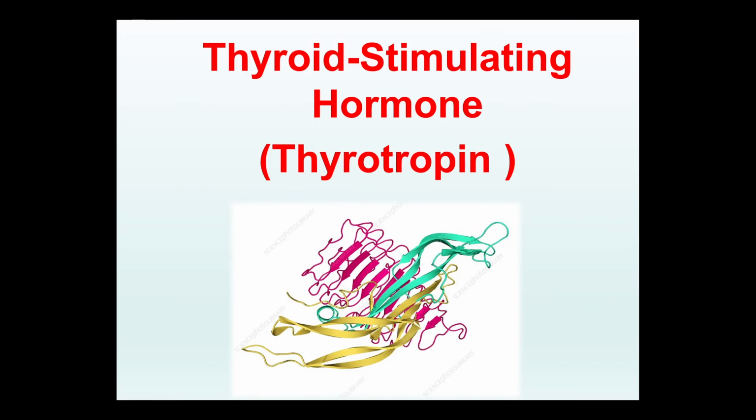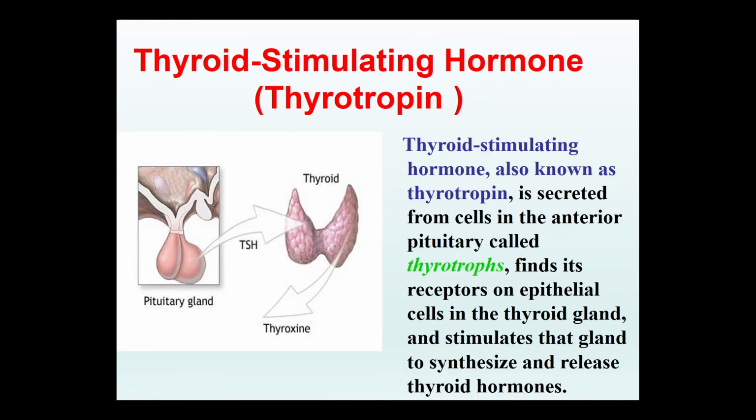Now let's talk about thyroid stimulating hormone, or thyrotropin. Thyroid stimulating hormone, also known as thyrotropin, is secreted from cells in the anterior pituitary called thyrotrophs.